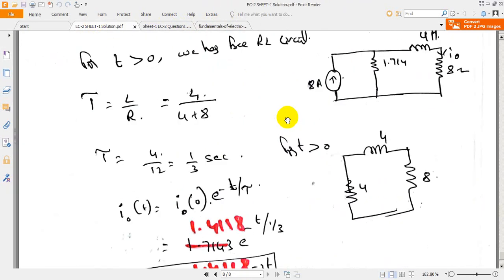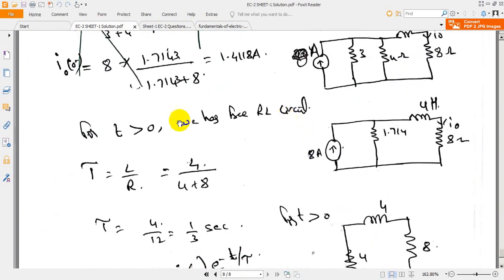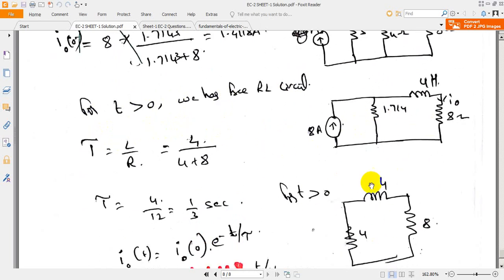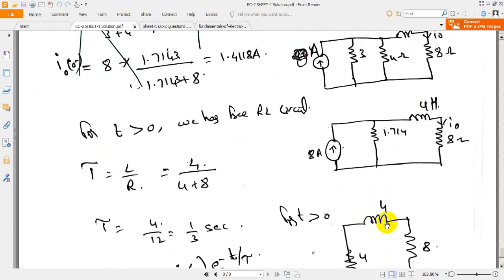Now what we want for t greater than 0, we have a free RL circuit, and it will be like this. How?